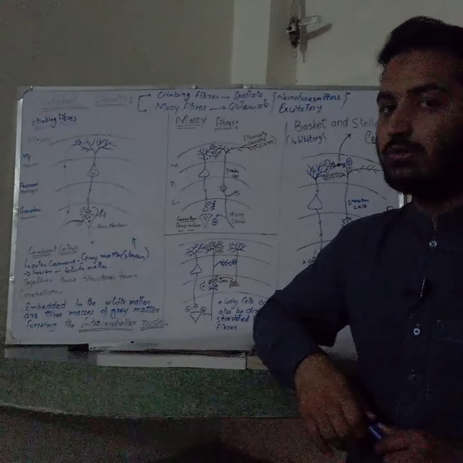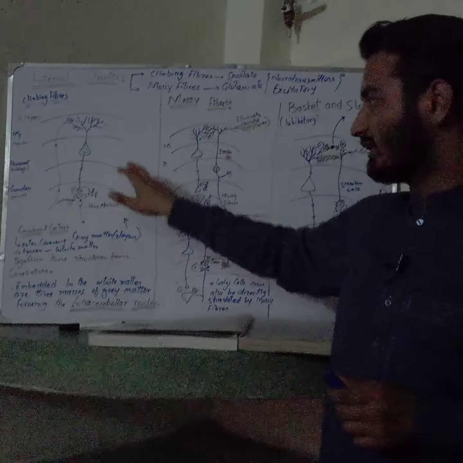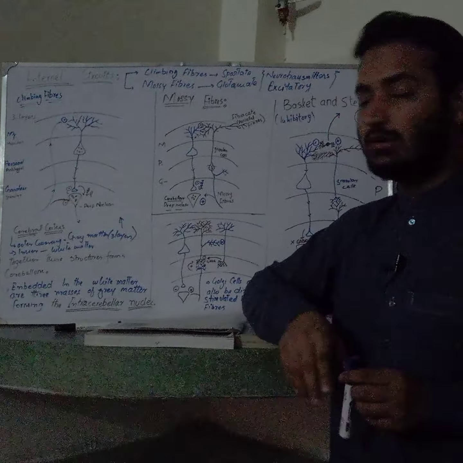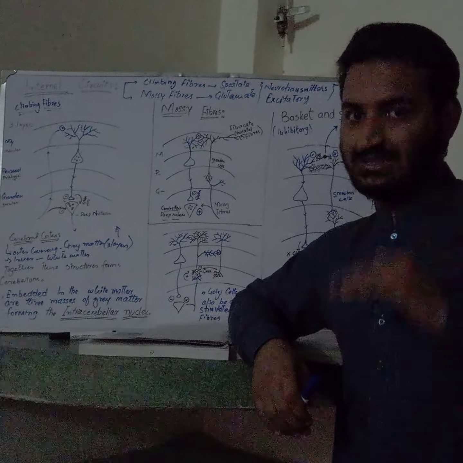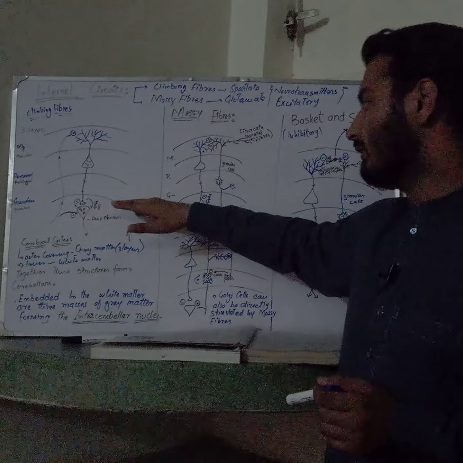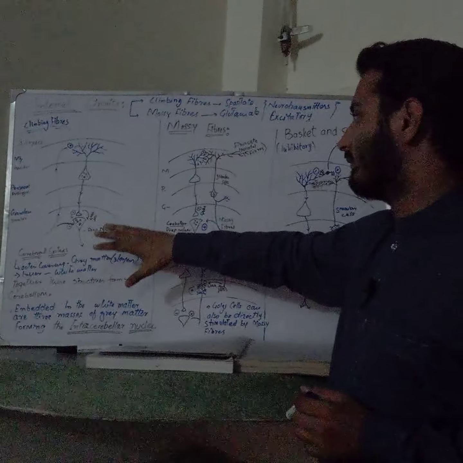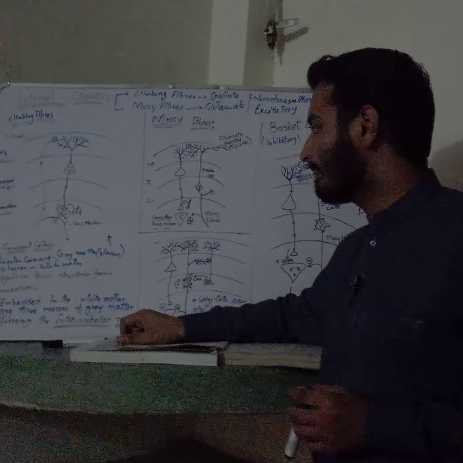M is for the molecular layer, which is the outer layer, P for the Purkinje layer, which is the middle, and G for the granular layer, which is the deep layer of the cerebellar cortex. Below this granular layer, we have the white matter, and both form the structure of the cerebellum.